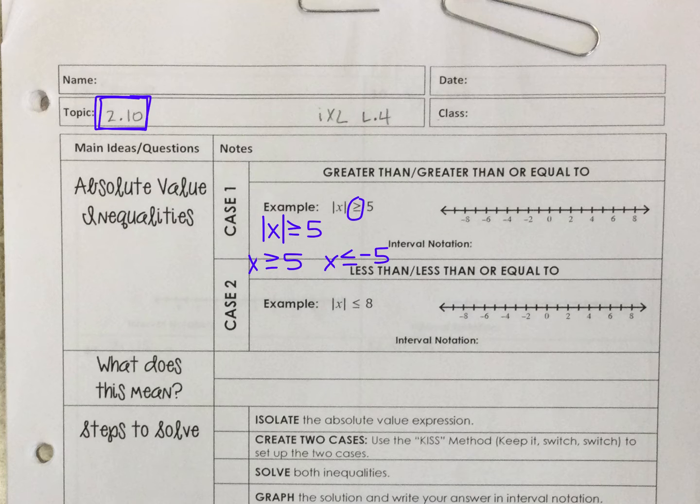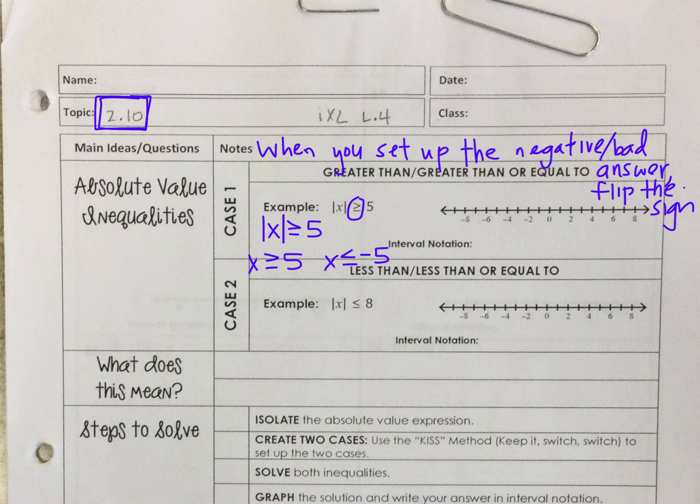So to help you remember that, I need you to write at the top, when you set up the negative/bad answer, flip the sign. Be sure to write that across the top of your paper. Because when I set up my negative guy right here, I flipped over my inequality.